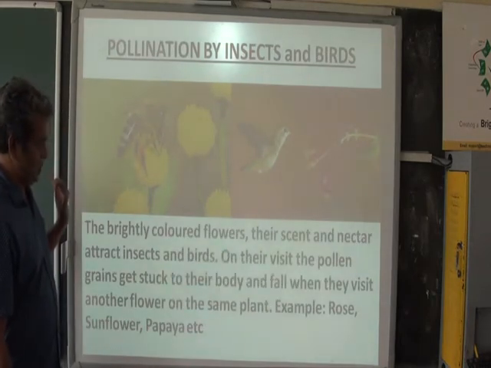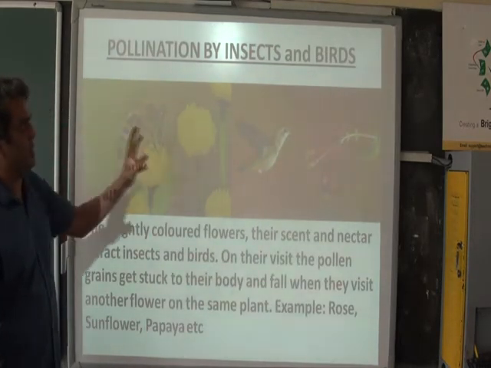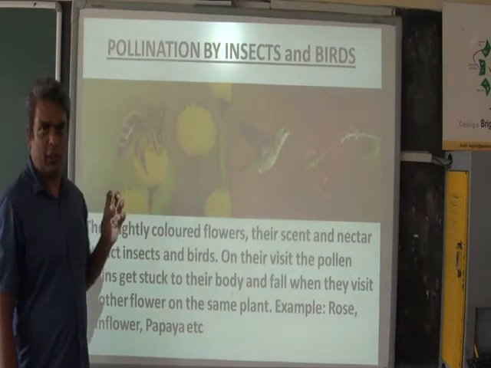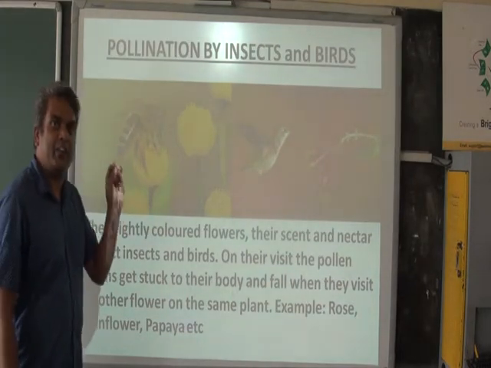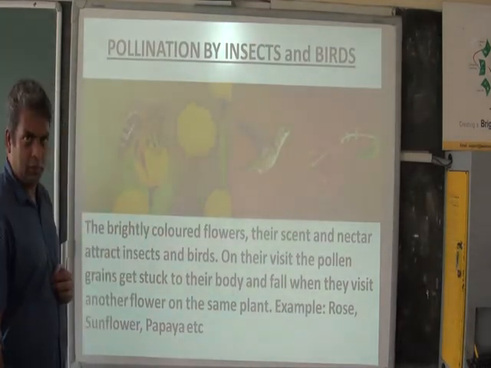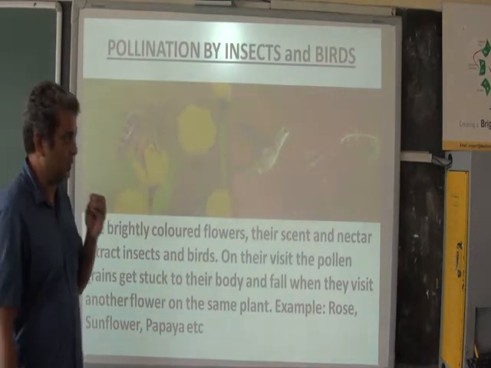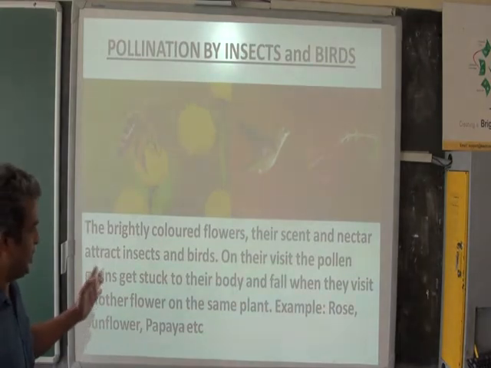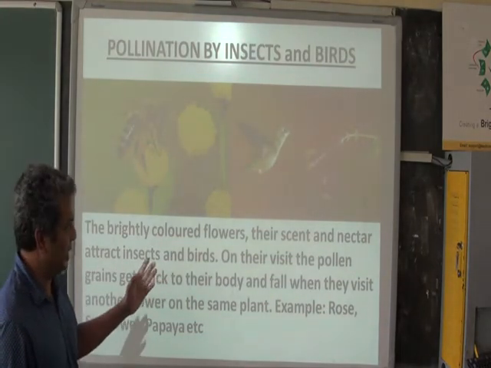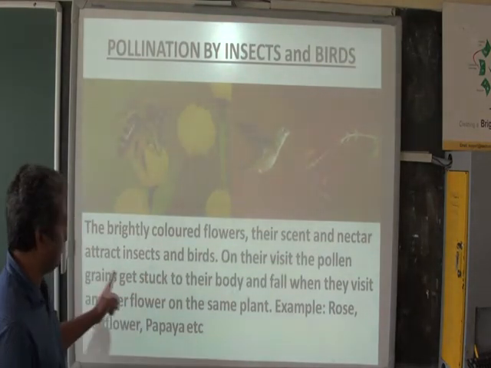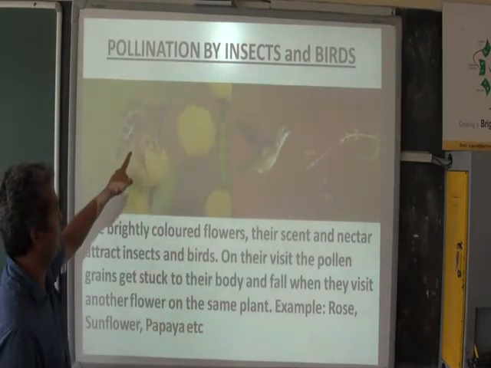Then what happens? Okay, and why do these bees and birds come to these flowers? Because these flowers have to be colorful. They attract them. They have a scent, a smell, the nectar that attracts these insects and birds. And on their visit, the pollen grains get stuck to the body, as you can see here.